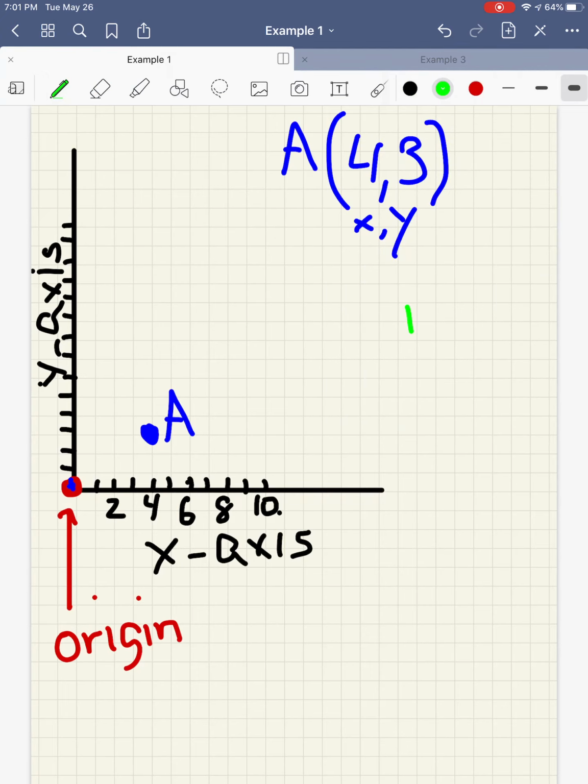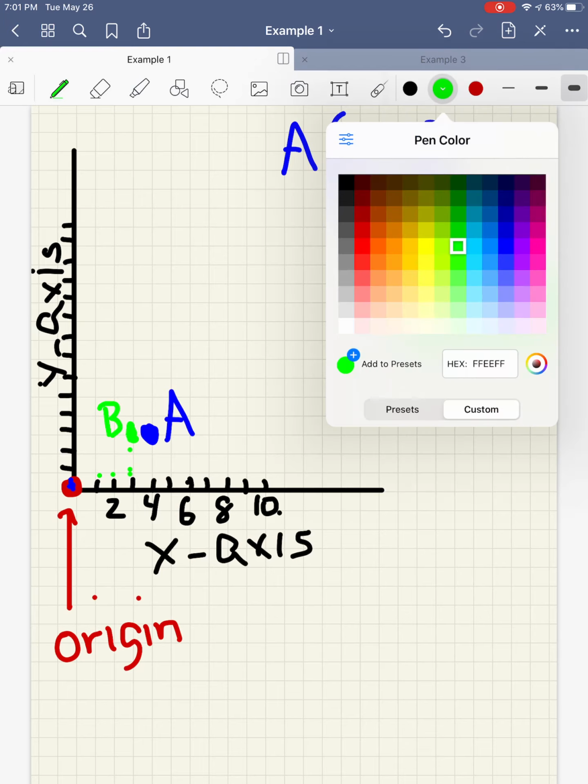We're going to use the point B. We'll call that point 3, 3, because yes, you can have two of the same number. So that means you go over 3, so 1, 2, 3, and then up 3, 1, 2, 3. So I'm going to try to squeeze it in right next to A. So that is point 3, 3. All right.